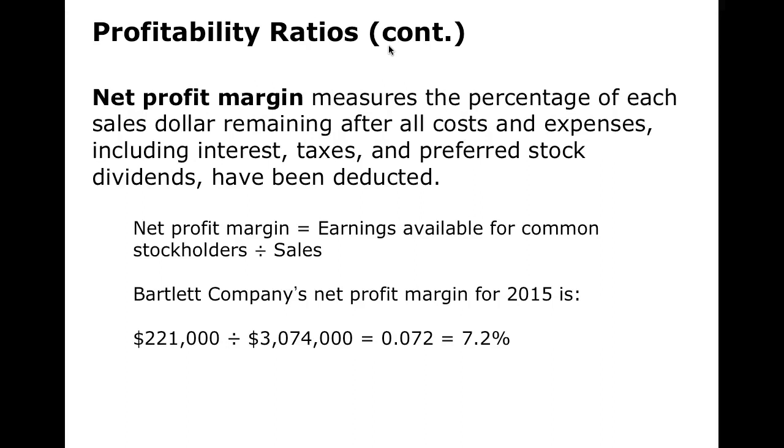Now, your net profit margin, after you take out interest and taxes, you have your net profit margin, or earnings available to common shareholders, divided by sales. So again, this is going to be the smallest of the profit margins. But here too, if you borrow too much money and pay too much interest on the money that you borrowed, you're going to have trouble increasing your net profit margins.